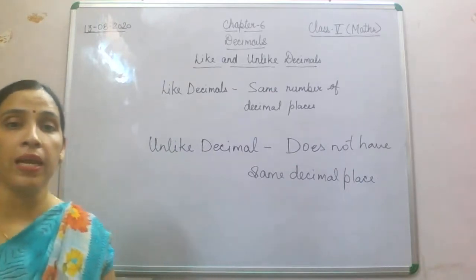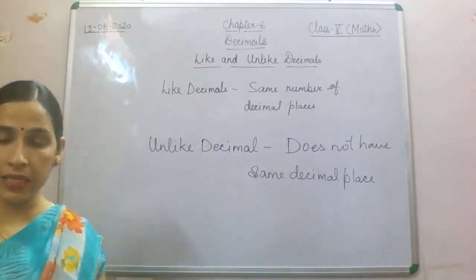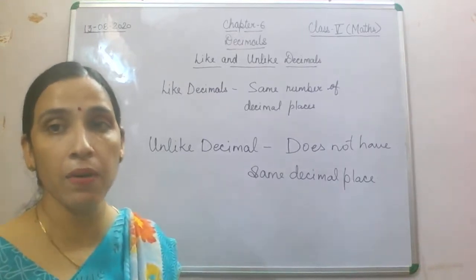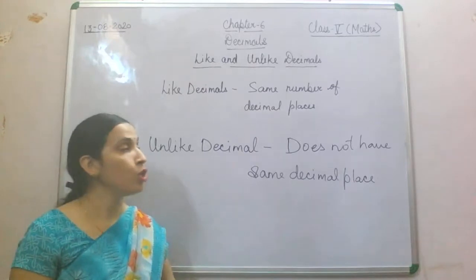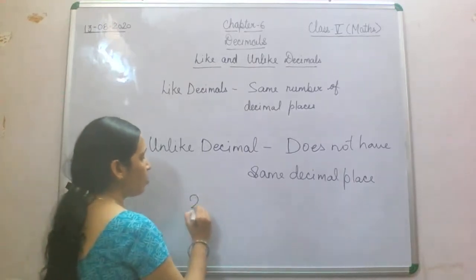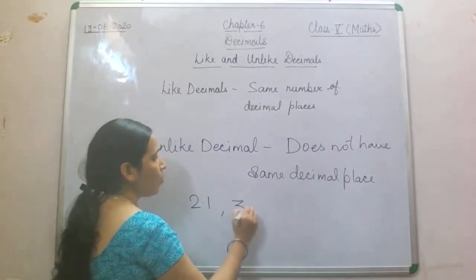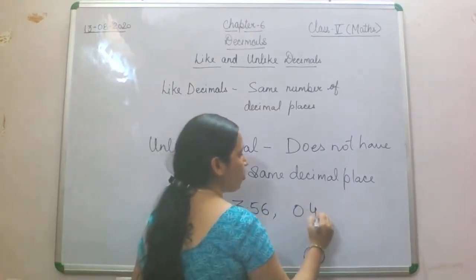For example, if in the first decimal number you have one decimal place, in the other you have two decimal places, or in the third you have three decimal places, it will change like this. For example, 2.1, 3.56 and 0.459.